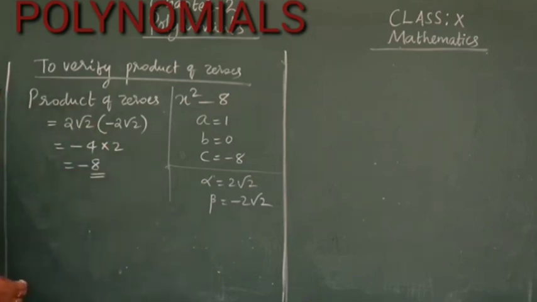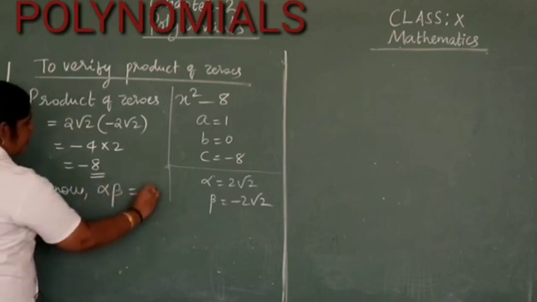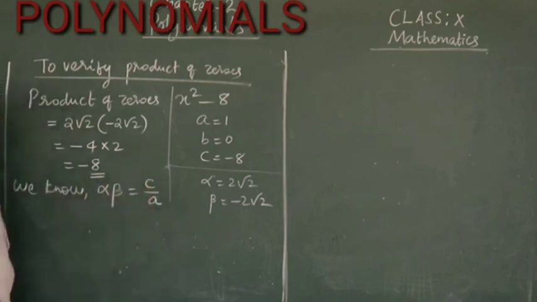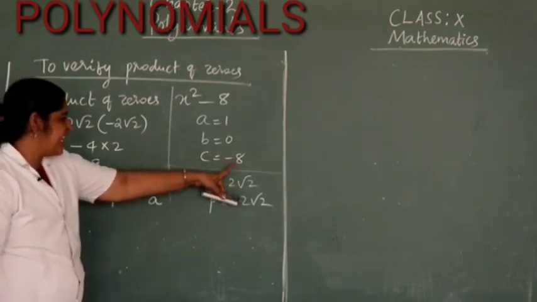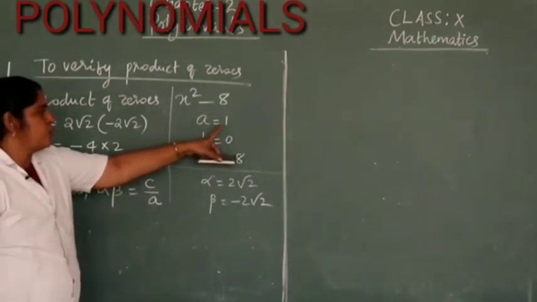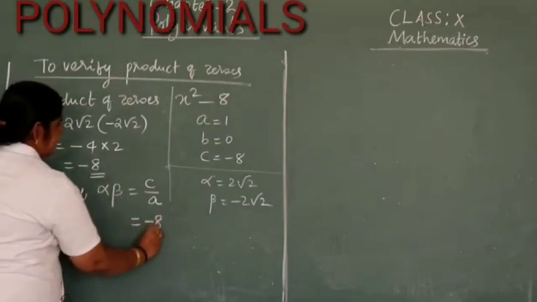Now we are going to verify by the relation. We know alpha beta is equal to c by a. So now what is the term c? c is minus 8 and a is equal to 1. So that is equal to minus 8 by 1.